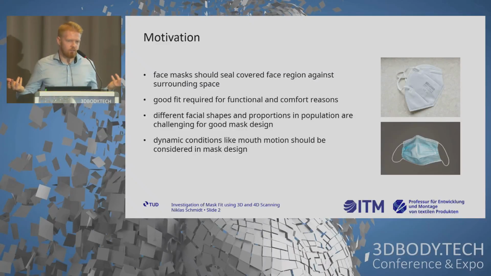On the other hand, we also face one challenge we usually face in textile product development, and that is we have a broad variation of body measurements within the population. In this set, the face usually changes, or the facial geometry changes during speaking and similar actions. And this has to be taken into account as well for good mask design.